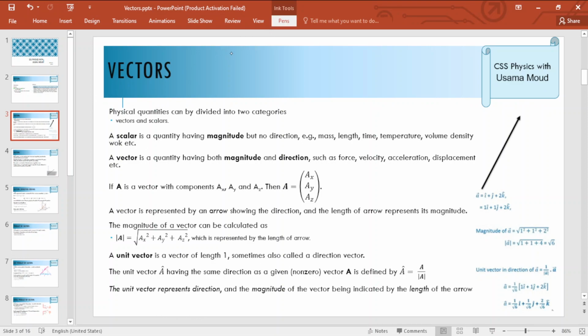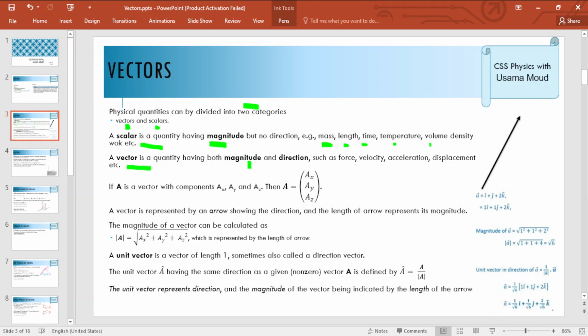Physical quantities can be divided into two categories: vectors and scalars. A scalar is a quantity which can be represented only with a magnitude, for example mass, length, time, temperature, volume, density, and there are many more.